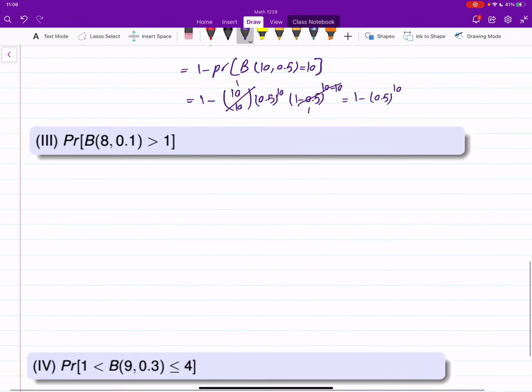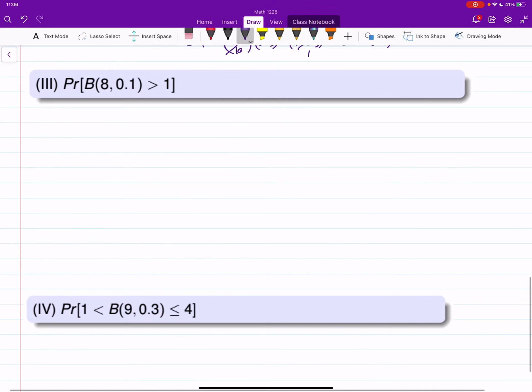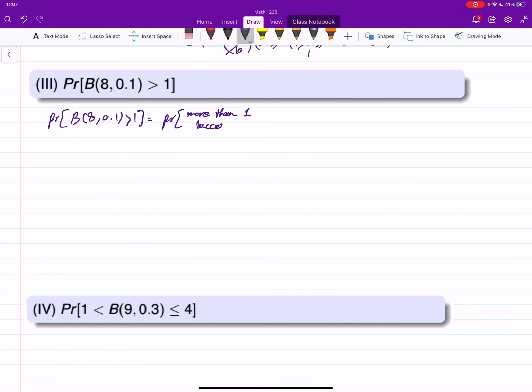How about this one? The probability of having more than 1 success in 8 trials and p equal to 0.1.